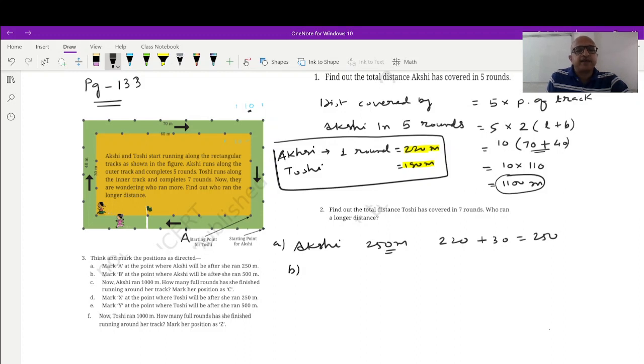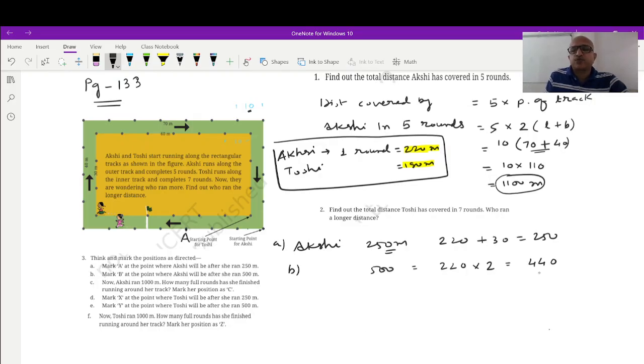Mark B is after 500, right? Again for Akshi only, 500 meters. So 220 into 4, 4 to the 8, that becomes a bigger number. So let us take a smaller number. So into 2, if you are doing, so 440.